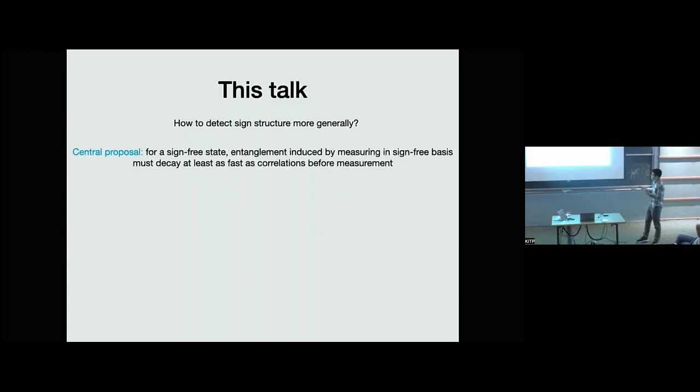So the central proposal is that for a sign-free state, entanglement induced by measuring in the sign-free basis must decay at least as fast as existing correlations before the measurements were made. Okay, so I should admit that we cannot prove such a statement in full generality, but we can have very sharp results in several settings of interest.